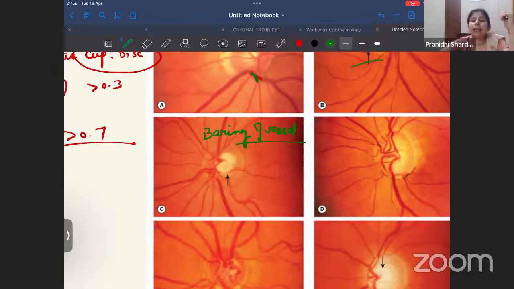They appear to be hanging whenever we do the examination, because behind them there was healthy neural tissue. When this healthy neural tissue has decreased, these vessels are seen lying bare. There is bearing of the vessels. They are seen lying without the support of the tissue. So this is known by the name of bearing of the vessels.